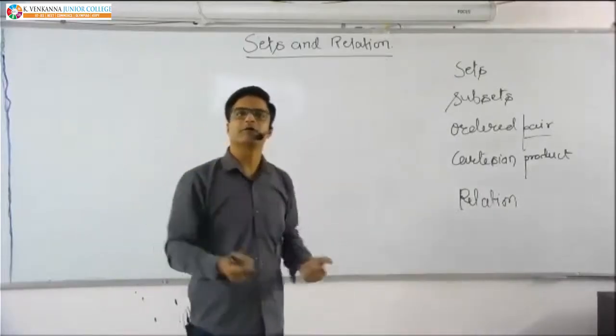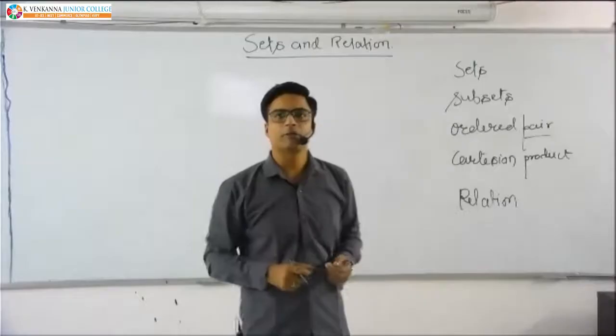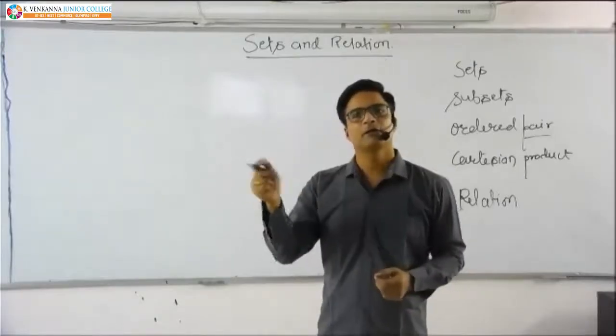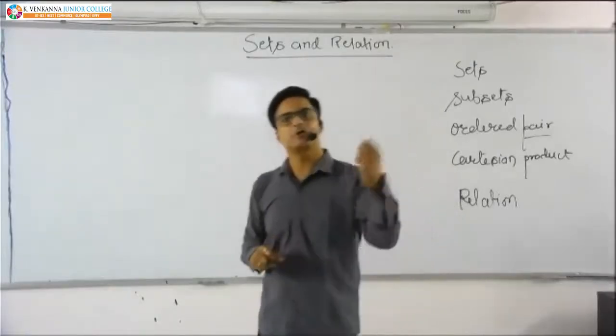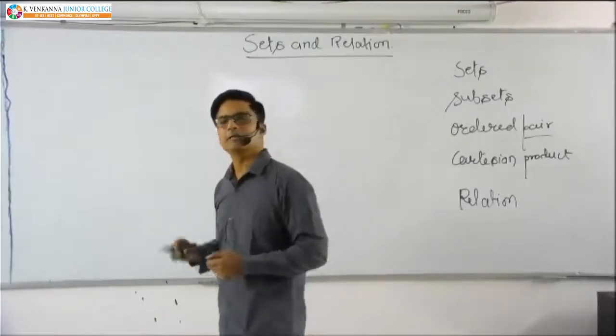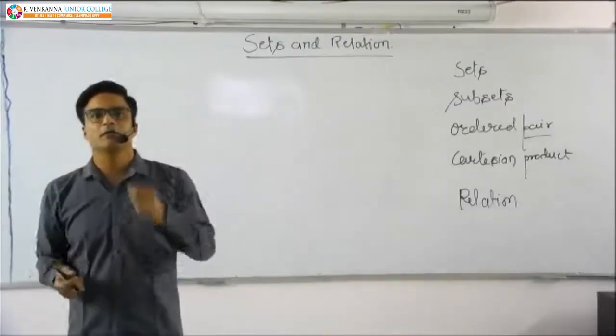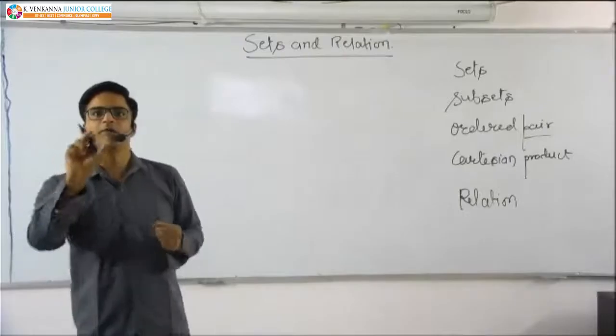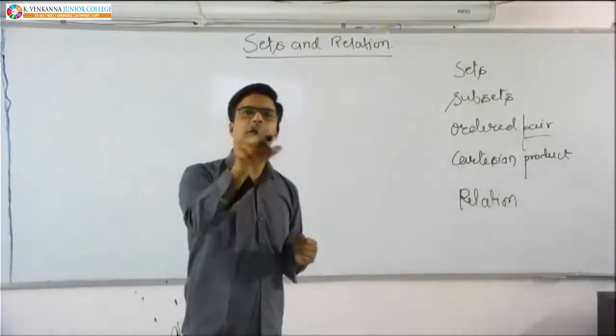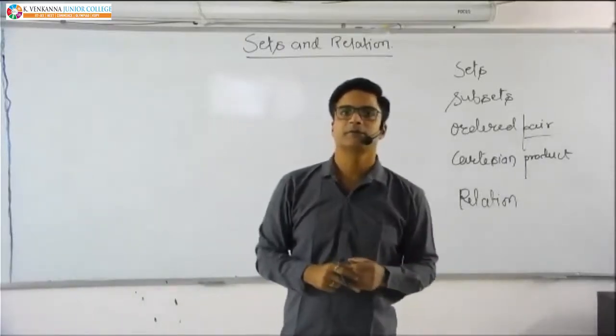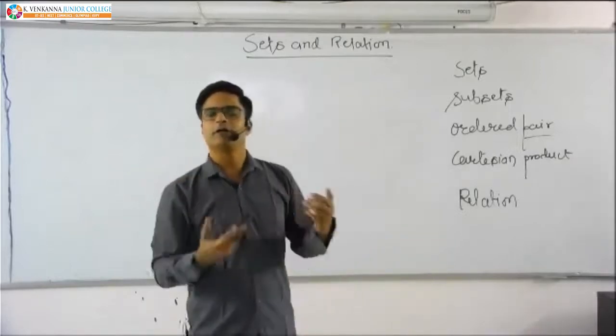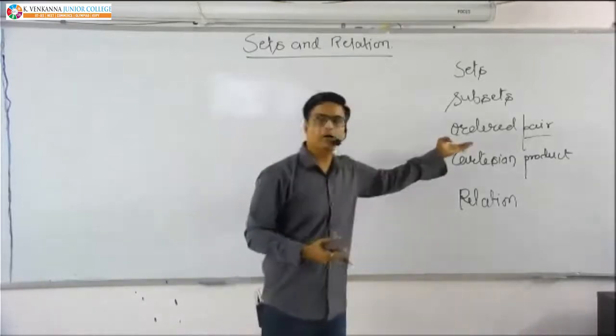So I gave you the example of the coordinate of a point, x comma y. The first entry, we already know, is the x coordinate. The second entry, we already know, is the y coordinate, right? If we interchange, then the meaning will also change, right? So we already understood what an ordered pair is.